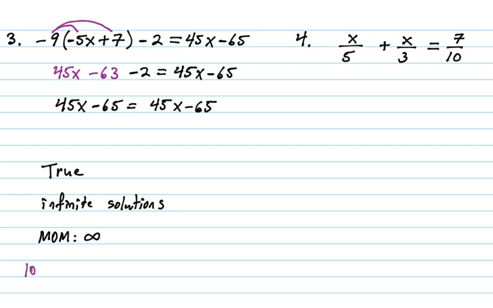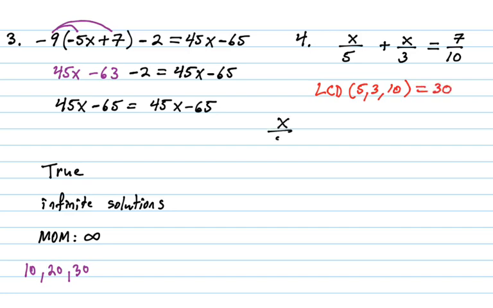So 5 goes into 10, but 3 doesn't go into 10. And we'll look at multiples of 10. Next multiple is 20. 5 goes into 20 evenly, but 3 does not. Next multiple of 10 is 30. Both 5 and 3 go into that, so that is our LCD. So our LCD of 5, 3, and 10, so I just took each distinct denominator there, is 30.